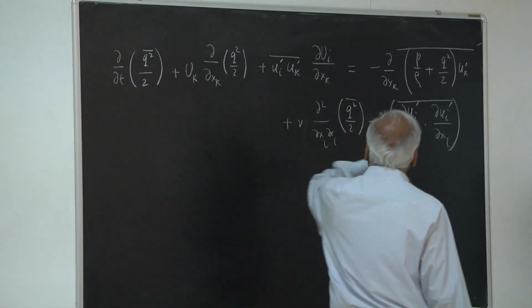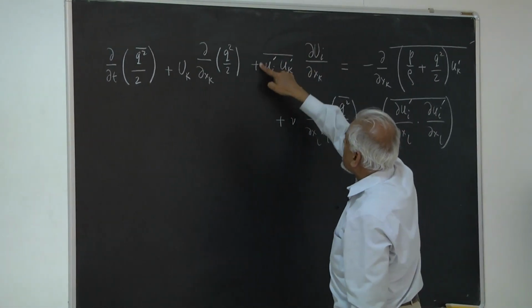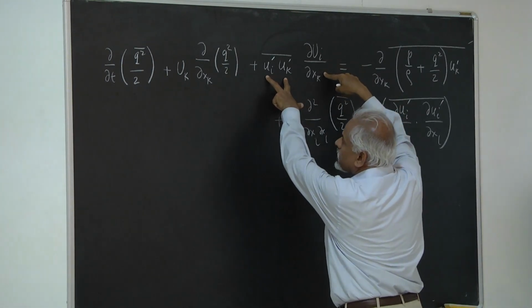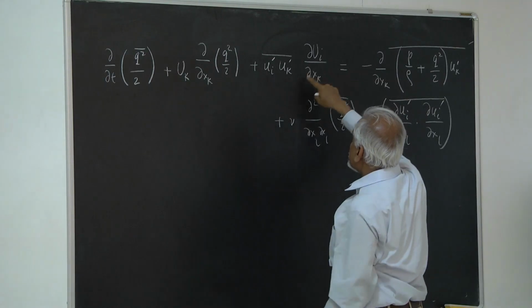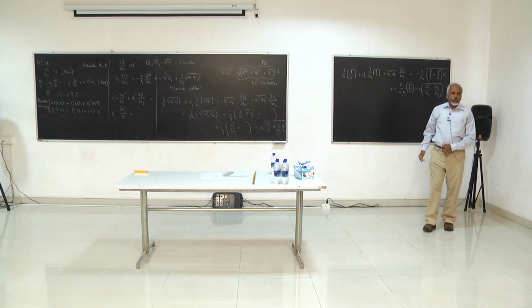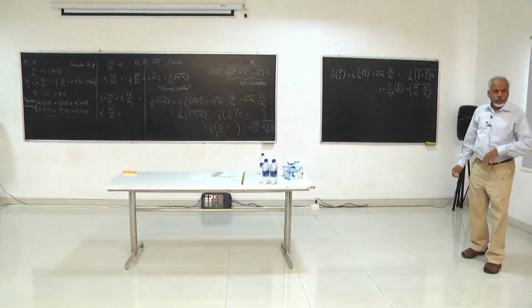And then I have a term here that involves the mean gradient and the product of fluctuations. And this is really interpreted as the production of energy. This is how energy is being produced into fluctuations from the mean.